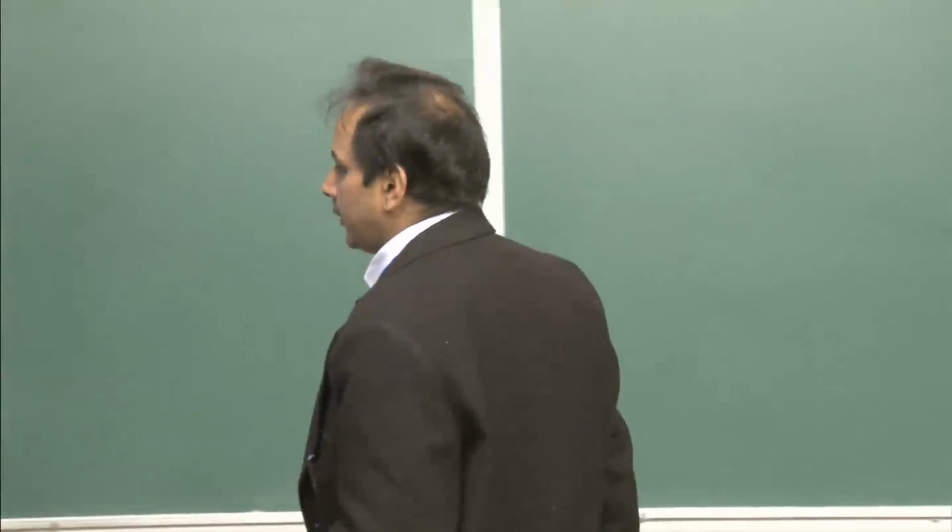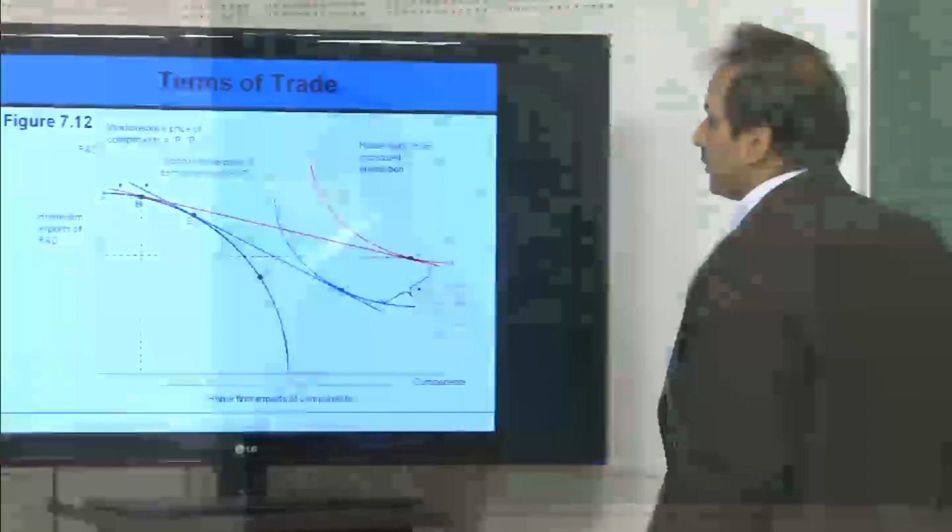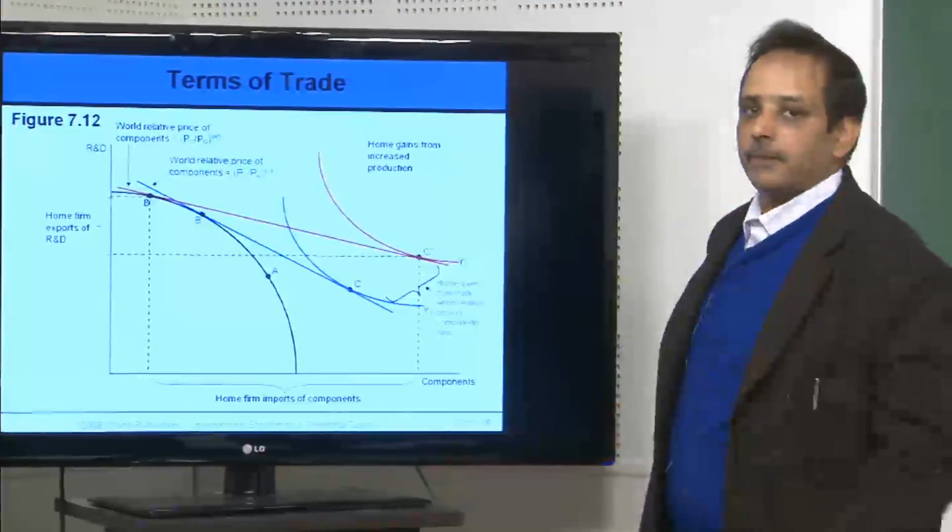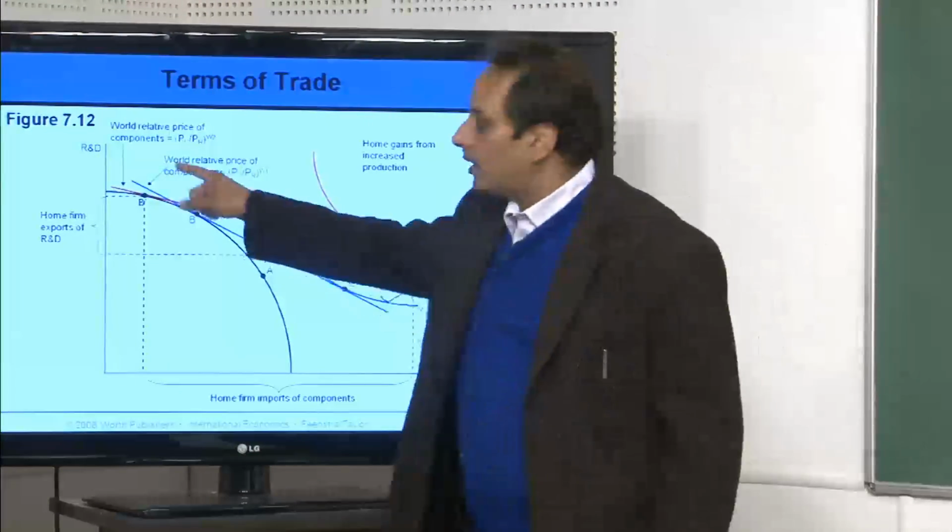But there is a second possibility. That second possibility is that the technological progress in the foreign country, in the developing country, takes place in the R&D sector.